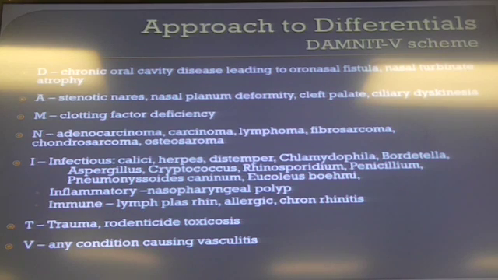If I had a dog with laryngeal paralysis and I did my DAMNIT, certainly neuromuscular degeneration could be a cause, metabolic hypothyroidism could be a cause. It kind of depended on how I was approaching it. If I already knew I had laryngeal paralysis, then I probably wouldn't go through the DAMNIT scheme to figure out if there was something else related to it. I would just review the disease process and go, oh yeah, I need to do some thyroid testing.